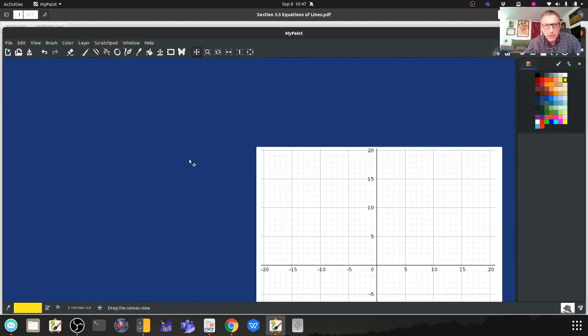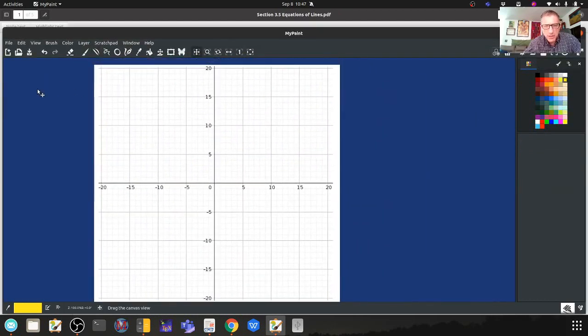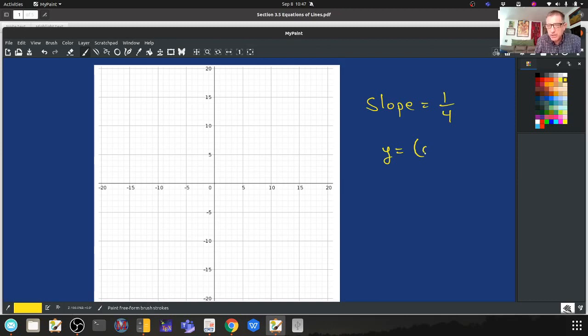So let's do it in real life here. Our slope was equal to 1 over 4, and our y-intercept, which is easy to find because it always lies on the y-axis, was 0, minus 3.